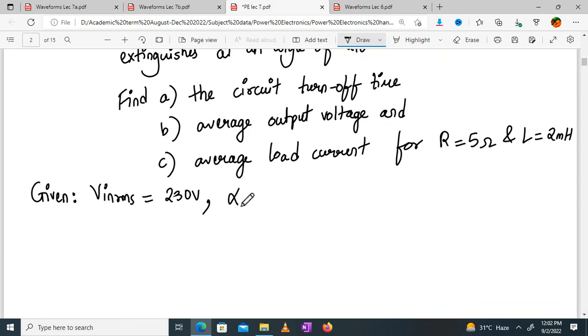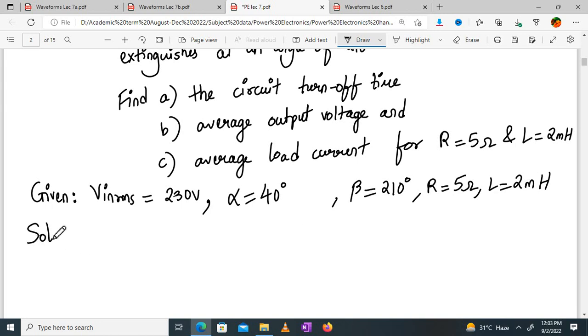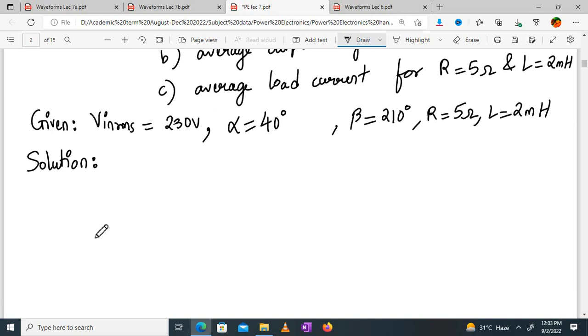So alpha is 40 and beta is 210. If I have to convert into radians, I multiply by pi by 180. Then we have R equal to 5 ohms, L equal to 2 millihenry. So now we'll start with the solution. In short, this is the data given to you.